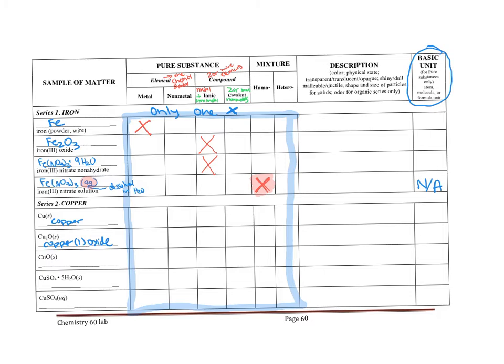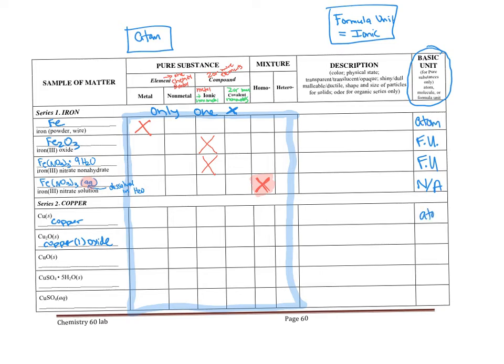Remember, formula unit is the most basic unit of an ionic compound. So any time you have the check mark that is ionic, we'll say this is a formula unit, ionic formula unit. Our other basic units, atom. So atom is if you have just one chemical symbol, like iron would be an atom.